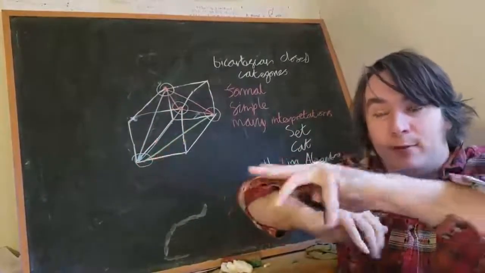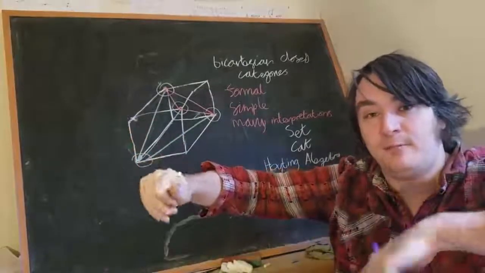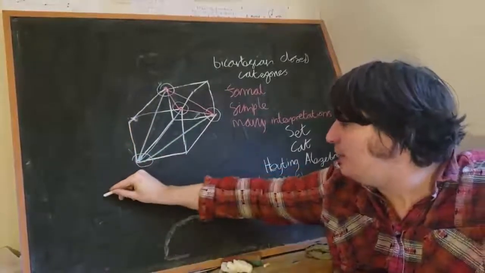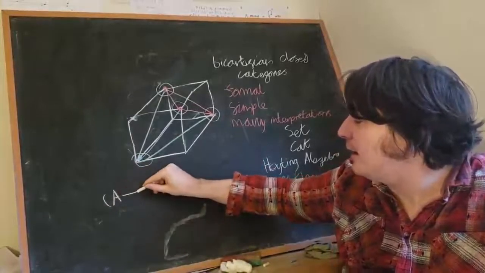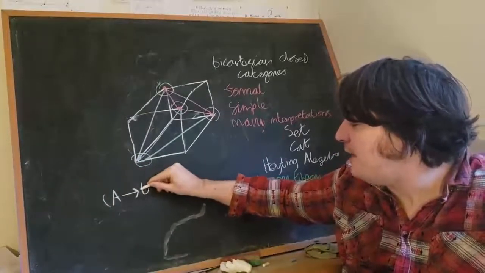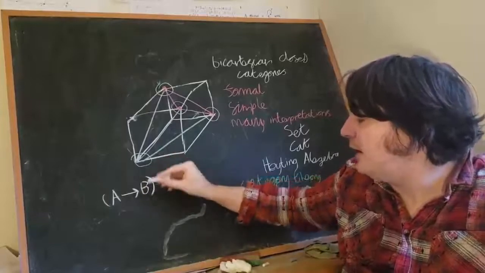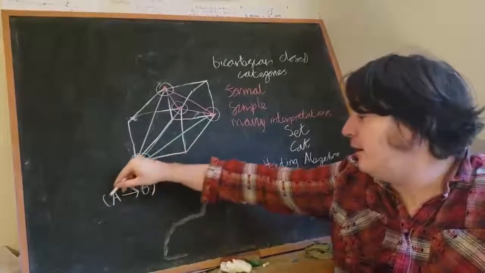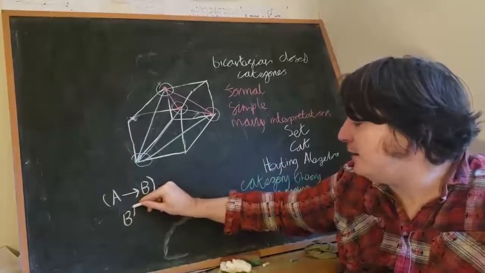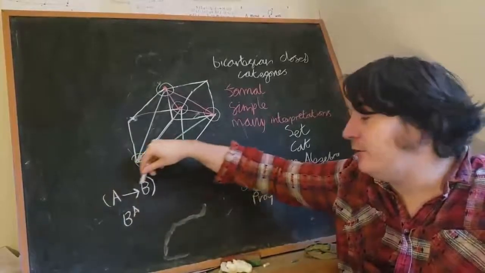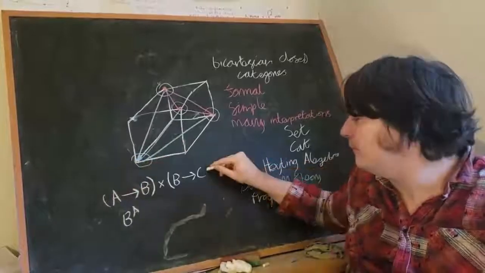Okay, what about the idea of arrow composition? Well, we can represent the arrows from A to B as this type here. We'll get into this later, but basically this means the same thing as B to the power of A. It's notation essentially for an exponential object.